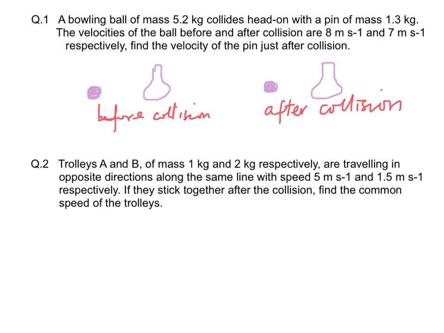Question number 1. A bowling ball of mass 5.2 kg collides head-on with a pin of mass 1.3 kg. The velocities of the ball before and after collision are 8 meters per second and 7 meters per second.